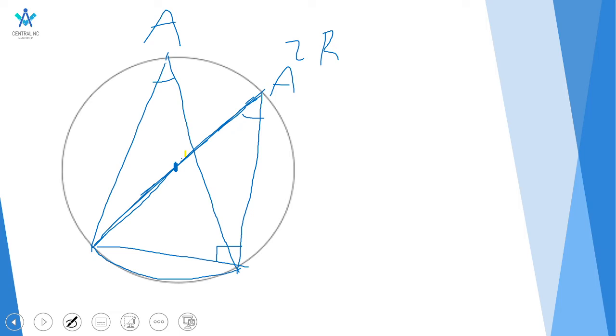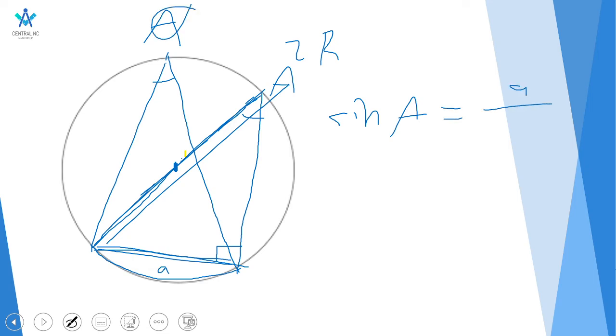So sine of this angle right here, which is equal to sine alpha, is equal to this side over 2r. But this side happens to be a, because it is opposite of angle A. So it's a over this length, 2r.